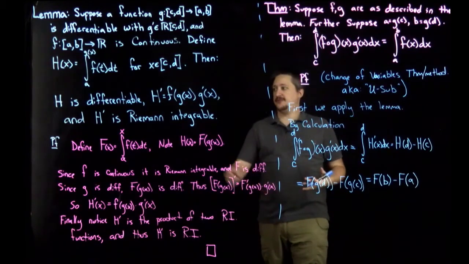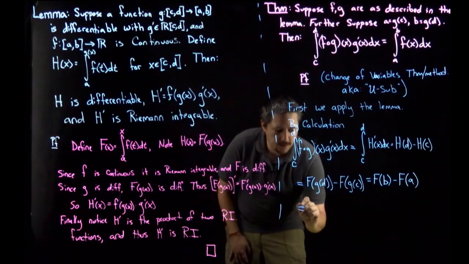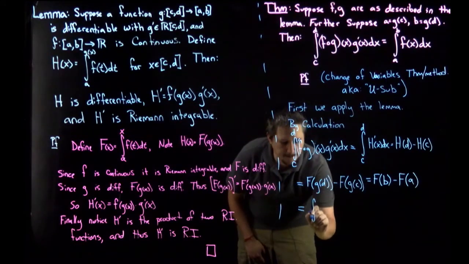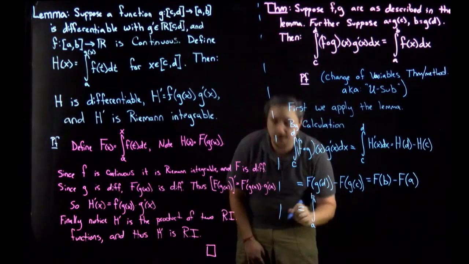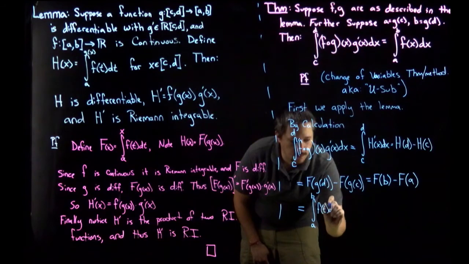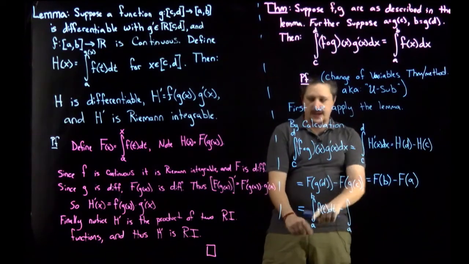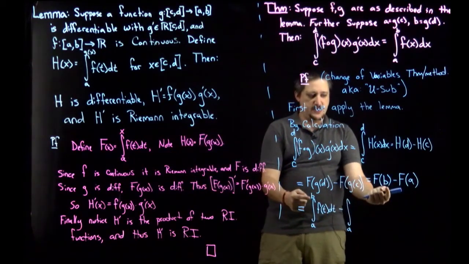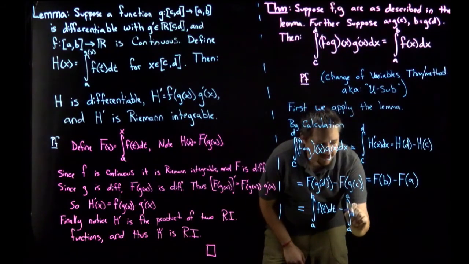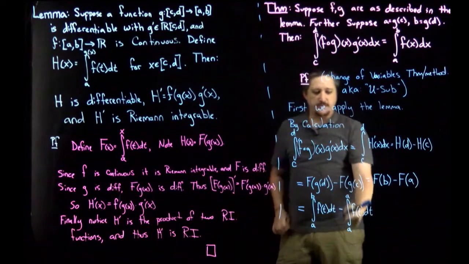Now I'm going to plug in what f is. So remember this f of x, right? So this is f of b, so that's the integral from a to b of f of t dt, minus the integral a, because that's the definition, to a, so this is a to a of f of t dt. But this is an integral of a point to itself, right?